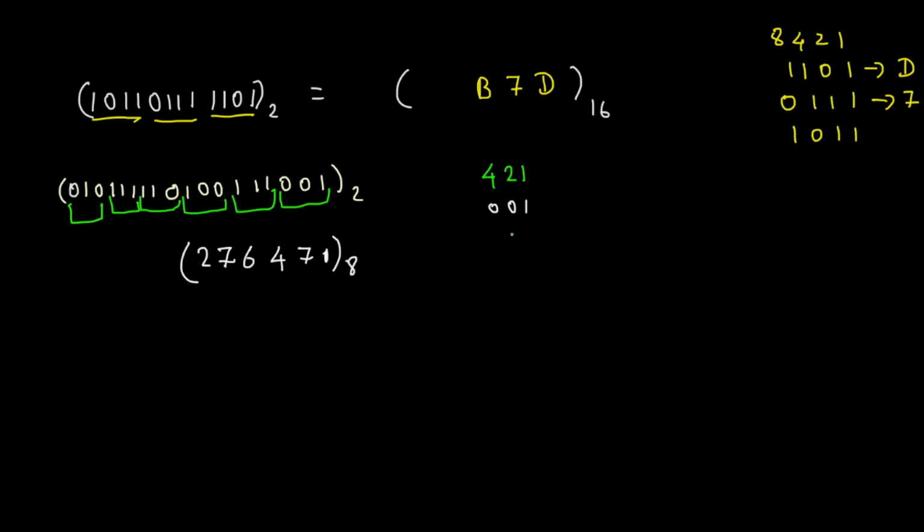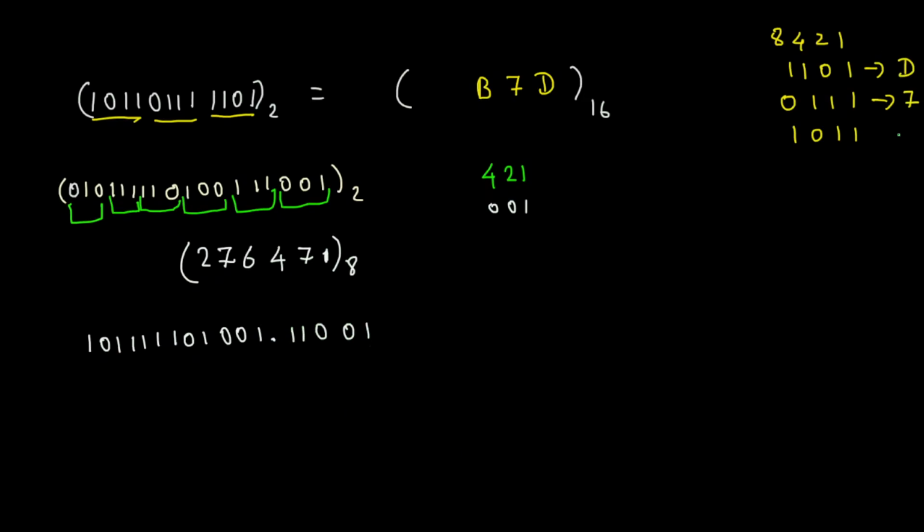Okay. So let's say we have a fractional point. Let's look at the fractional point. Let's say we have this one, 1 0 1, 1 1 1, 1 0 1, and then 0 0 1, point 1 1 0 0 1.